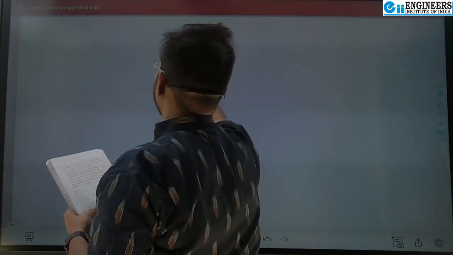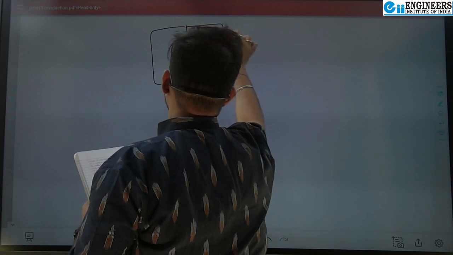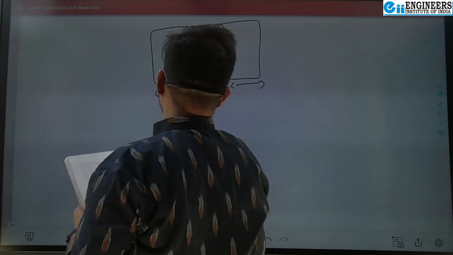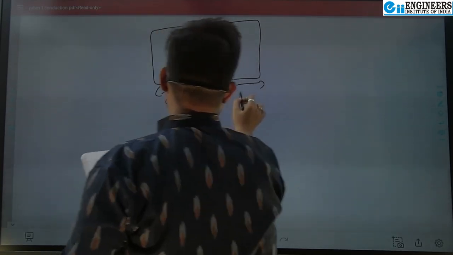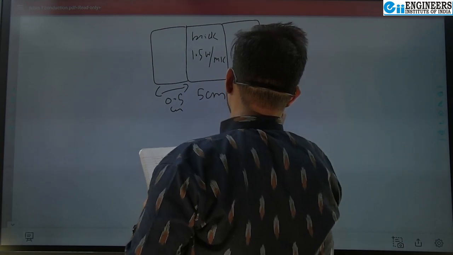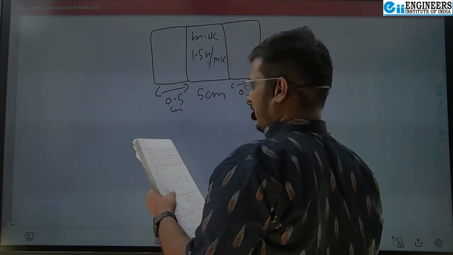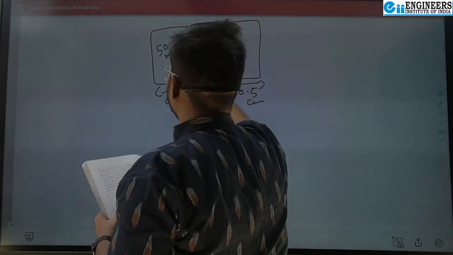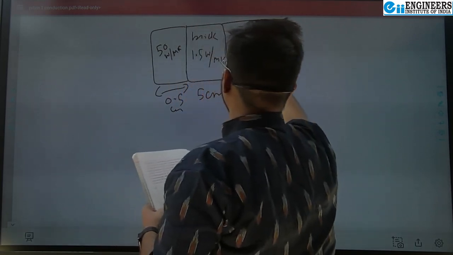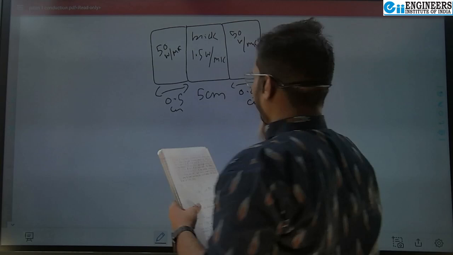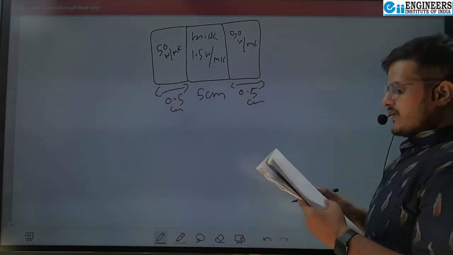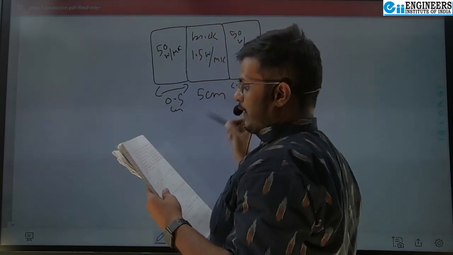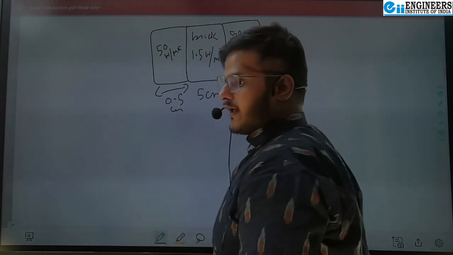These are 0.5 centimeter steel plates having thermal conductivity of 50 watt per meter Kelvin. Then the faces of the brick adjacent to the plate are rough, having solid to solid contact of 30%.